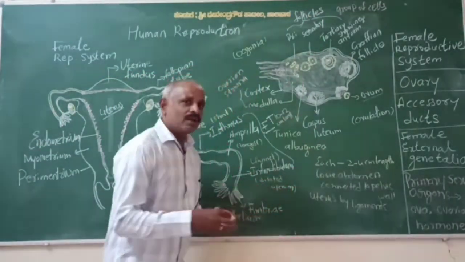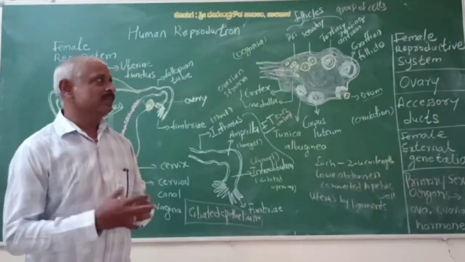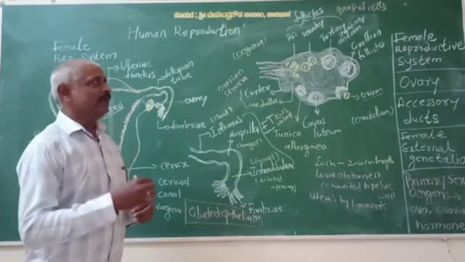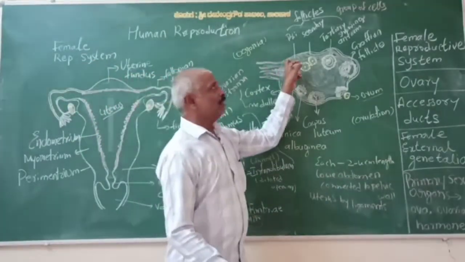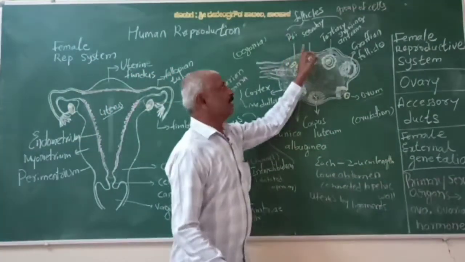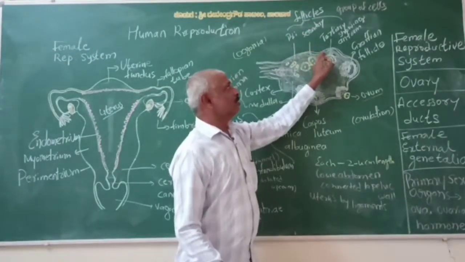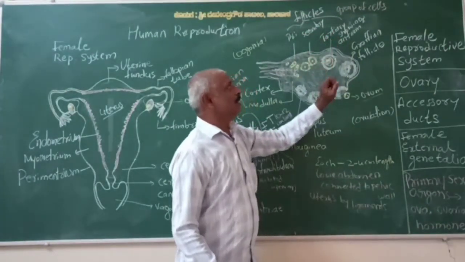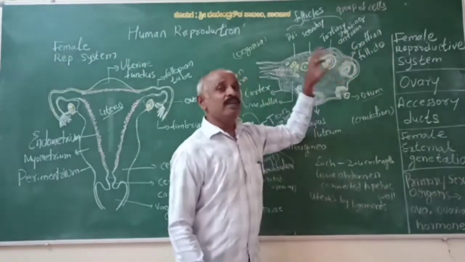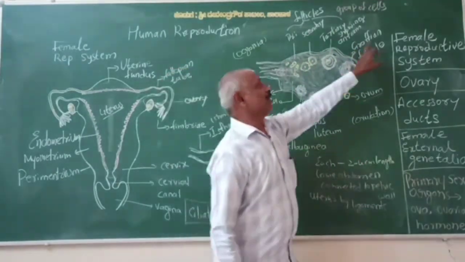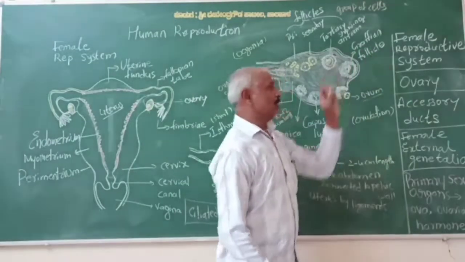The follicles are groups of cells. We classify them based on development: primary follicles, secondary follicles, tertiary follicles. Next, the fully mature one is the Graafian follicle.